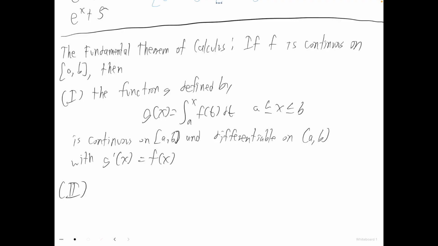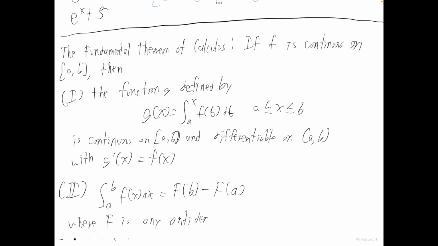And then the second part says that the integral from a to b of f of x dx equals capital F of b minus capital F of a, where capital F is any antiderivative of little f.